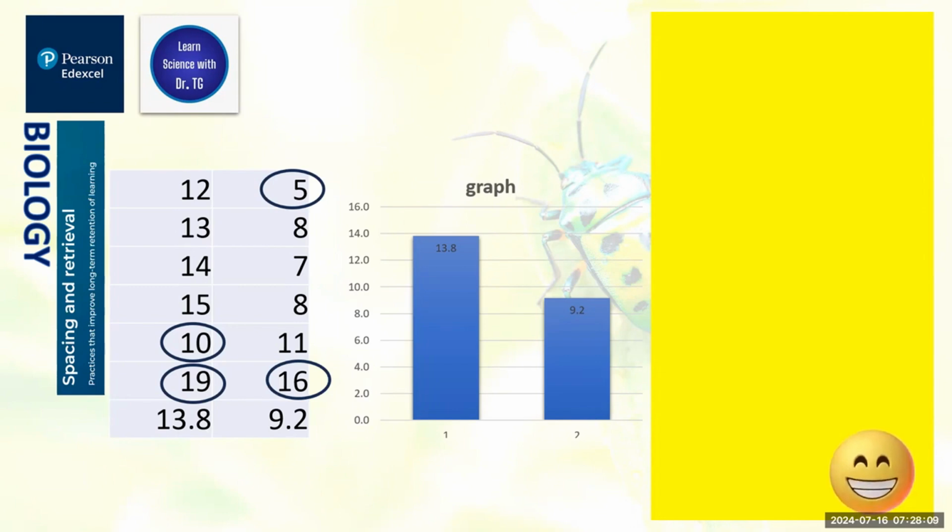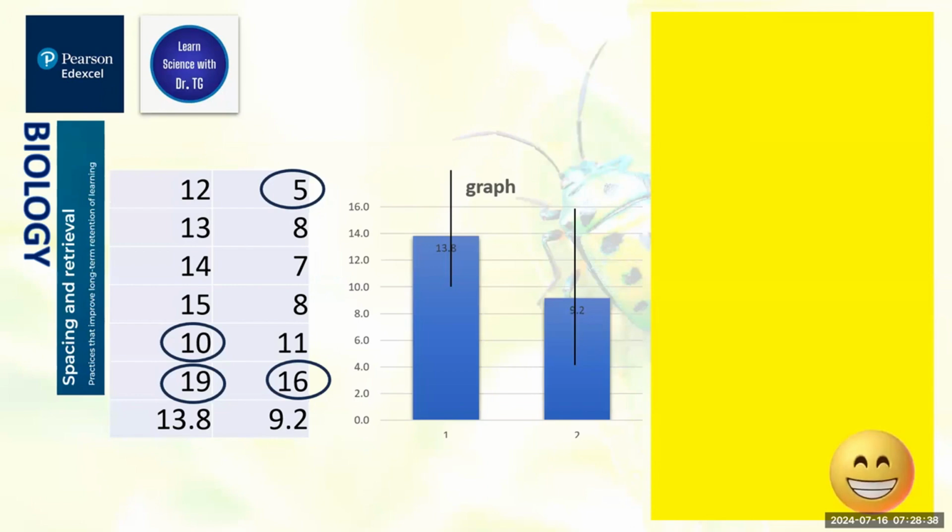Then anyone can see what the other values of this experiment are. So like this, I'm going to show the 10 and 19 as a line, and then here 5 and 16 as a line. This line is now called an error bar. Later, I will also introduce another term for this, called standard deviation. At the moment, this is the beginning. We try to learn it as an error bar.